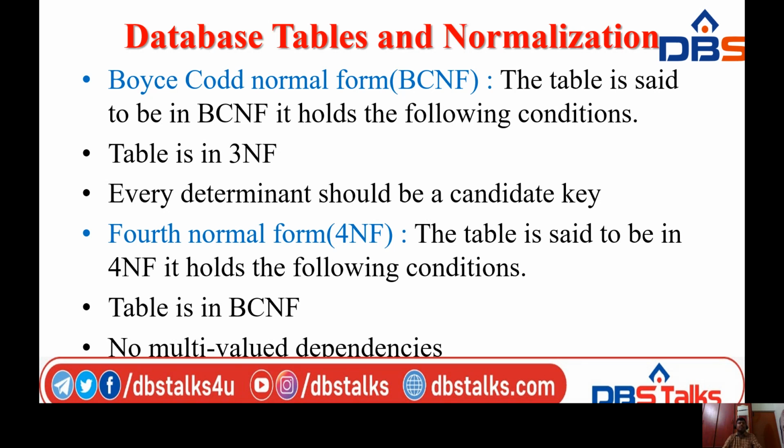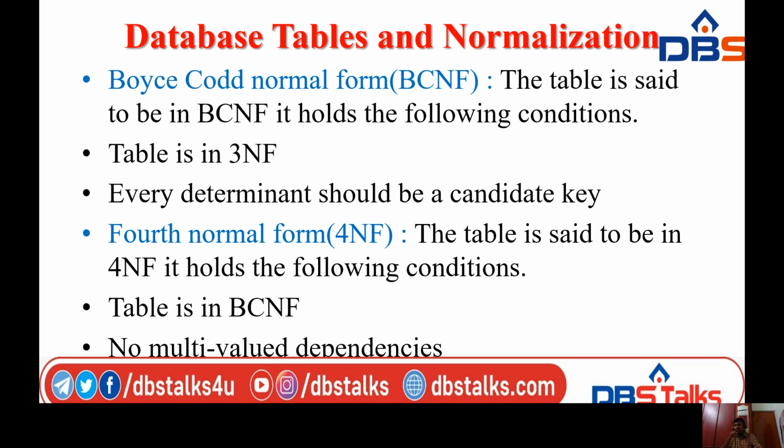Now the next one comes to the fourth normal form. The table is said to be in fourth normal form if it holds the following conditions. The table should be in BCNF, the Boyce-Codd normal form, and then have no multi-value dependencies.